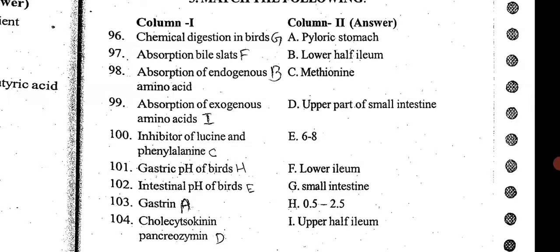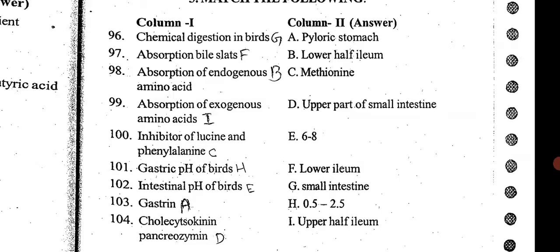The main part of the stomach is the fundus, and the fundus ends in the pyloric sphincter. The area surrounding the pyloric sphincter is known as the pyloric stomach, and it secretes gastrin. The main body of the stomach is known as the fundus.